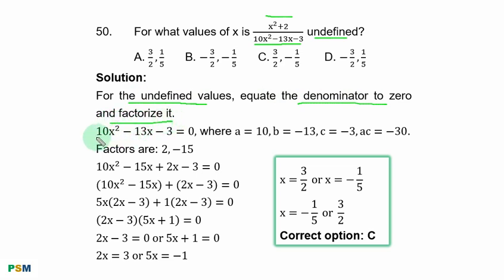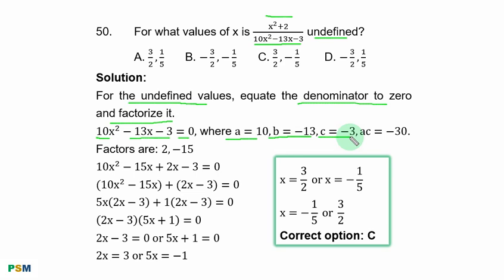So you equate 10s squared minus 13s minus 3 to 0. If you compare with the general quadratic equation as squared plus bs plus c equal to 0, a is equal to 10, b is equal to minus 13, c is equal to minus 3.